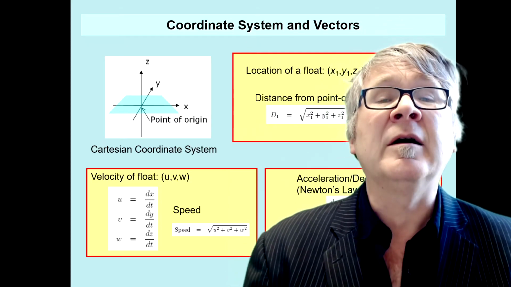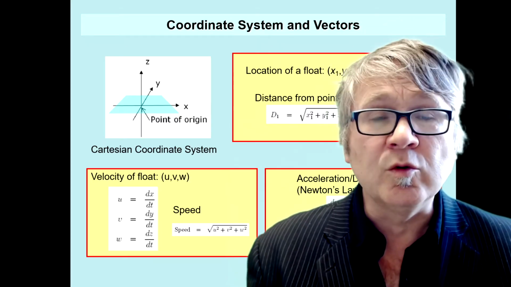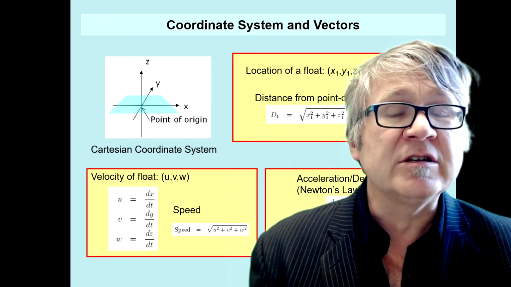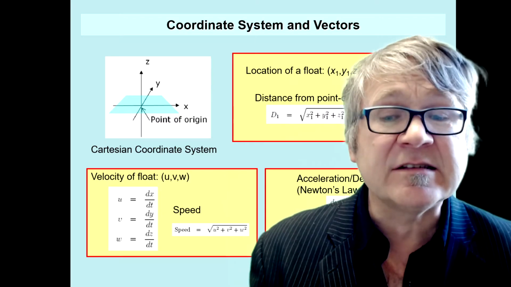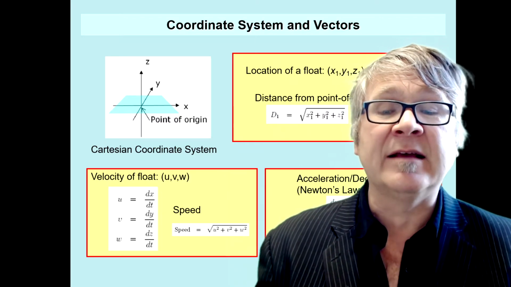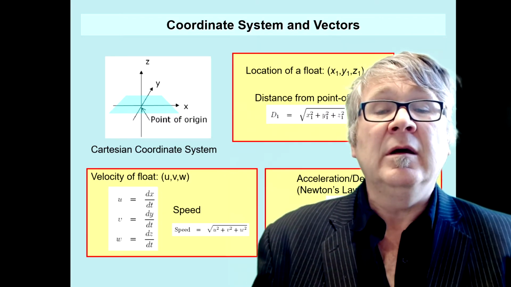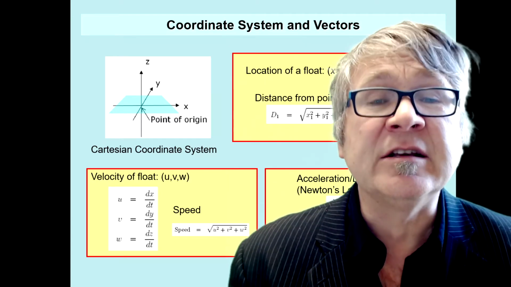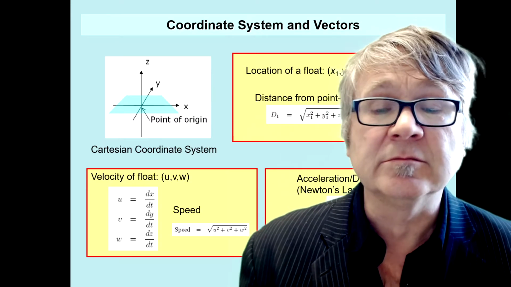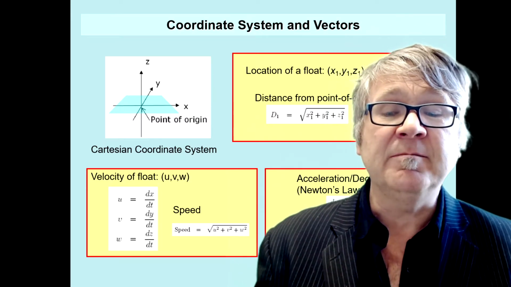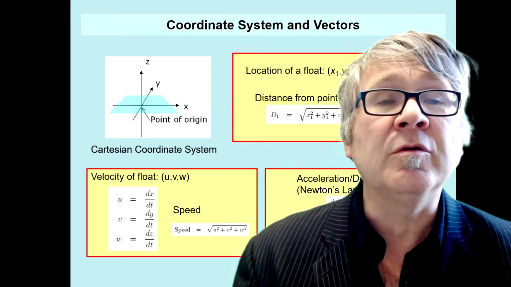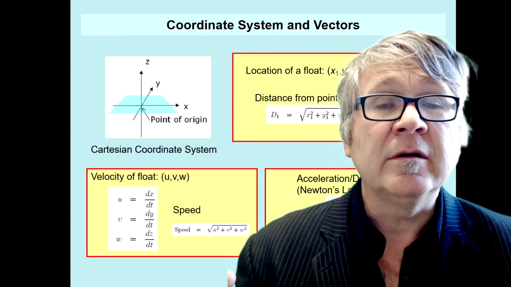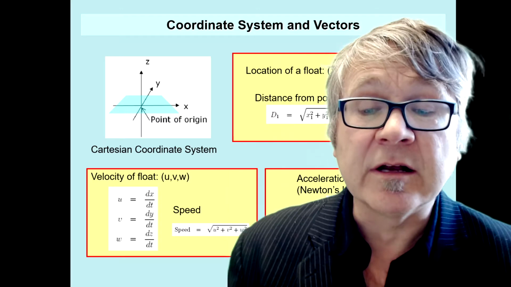One component called u gives you the location change over time in the x direction, dx/dt. For v you call the location change in the y direction, dy/dt. And w you refer to the change in the vertical direction.